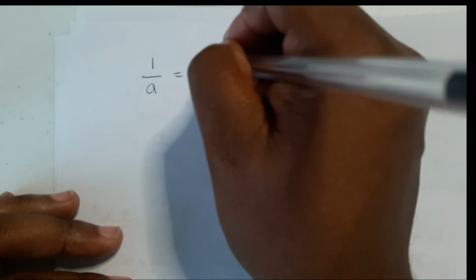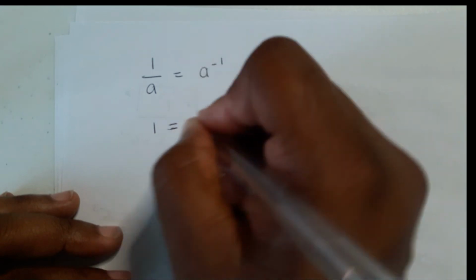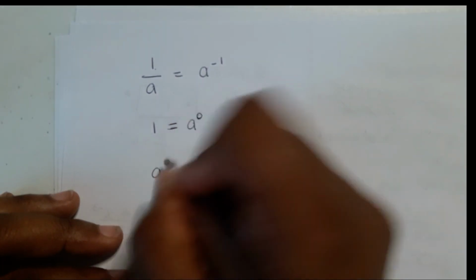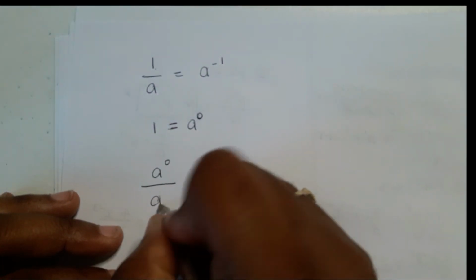Let's remember these easy things. 1 over a is equal to a to the minus 1. Why? Because 1 is also equal to a to the 0. So we could substitute 1 for a to the 0, and we put an a over here.